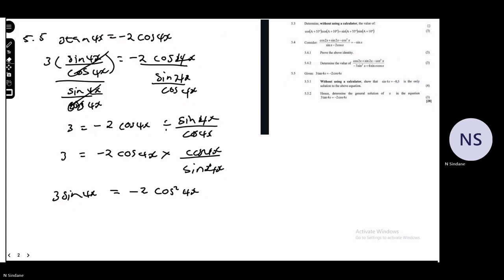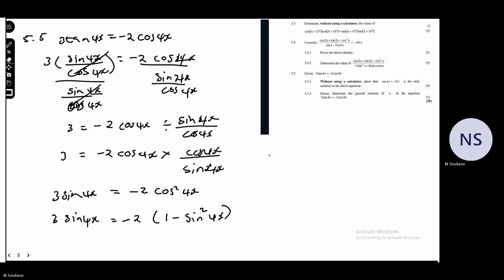You can convert this. You know what this is? This will be 3 sine of 4x equal to negative 2 into 1 minus sine squared of 4x.